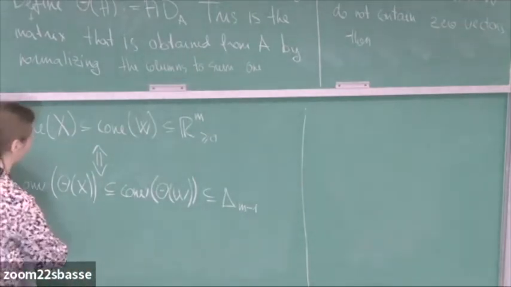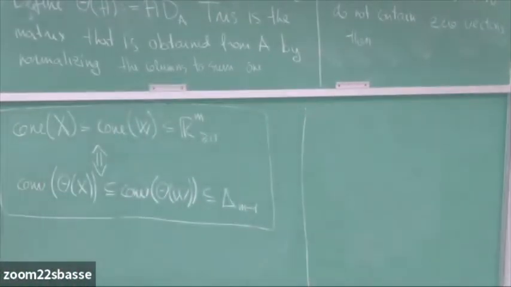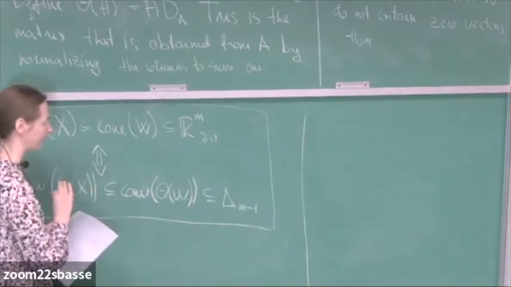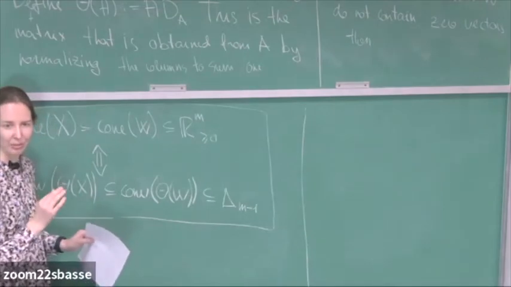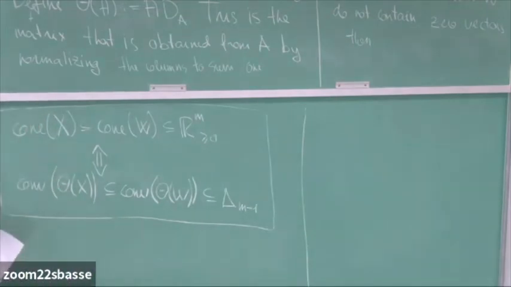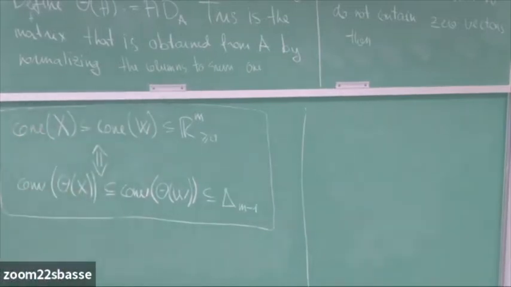This is not very hard, but right now I don't have the time to show this equivalence. The proof is basically some manipulation in linear algebra with multiplying with these D matrices and unit vectors.